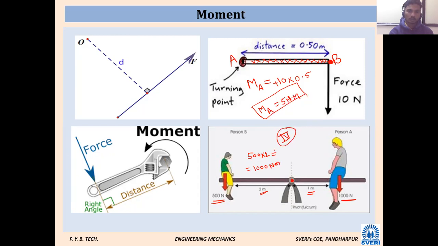Newton meter. What about this person? How much force has he applied? Are you able to see? 1000. 1000 into 1 equals 1000. Again 1000. Means, will there be any rotational effect? No. So if you sit in this way and apply a certain force, will the seesaw make any rotational movement?